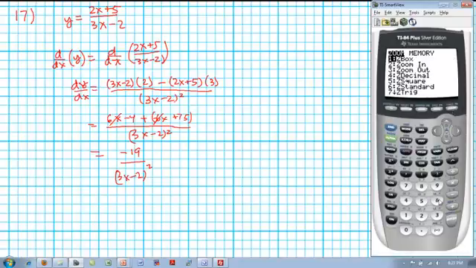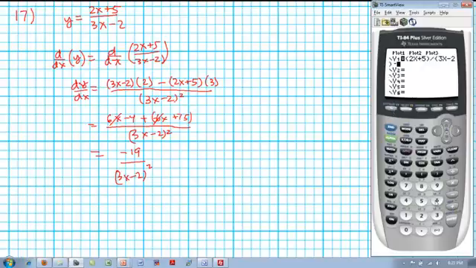Let's graph that with the standard window. Okay, so we see a function that's decreasing here, so that's going to give us a negative derivative. We see a function that's decreasing here, that's a negative derivative. Here and here we are very, very steep, so expect very, very large negative numbers when we graph the derivative function.